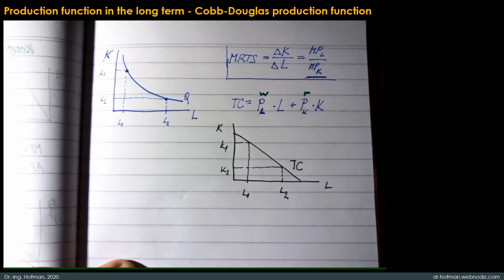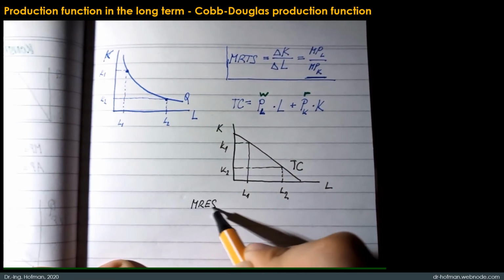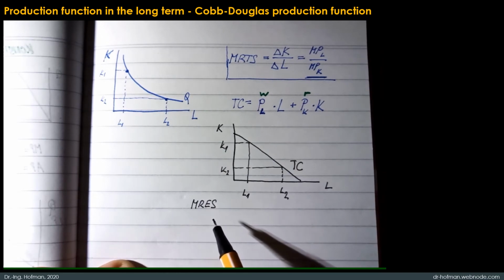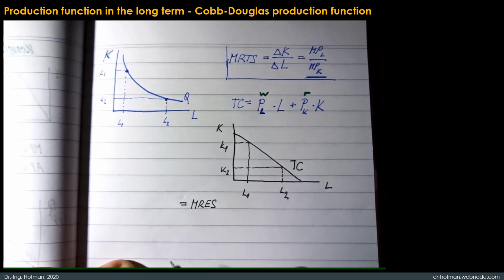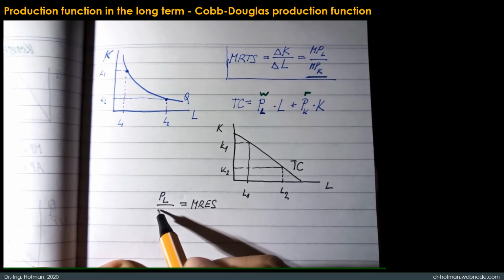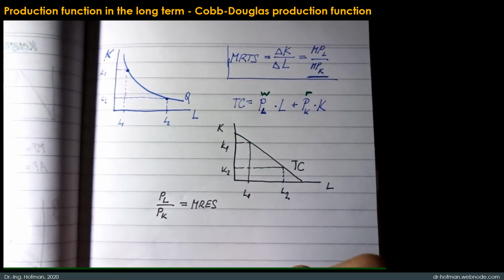Its slope is given by the relation of prices of production factors, and we can mark it MRES, marginal rate of economic substitution. This marginal rate of economic substitution is the relation of the price of labor and the price of capital.